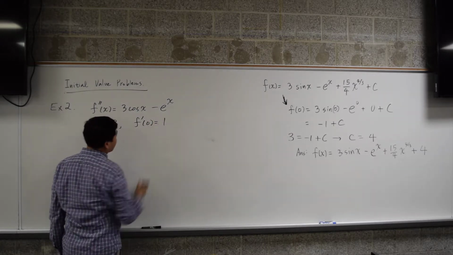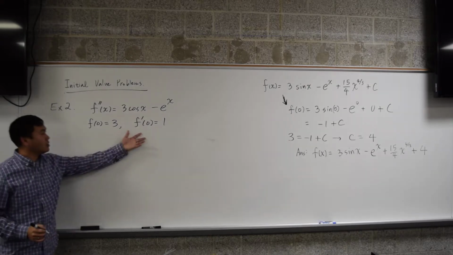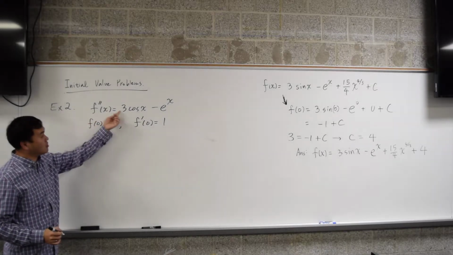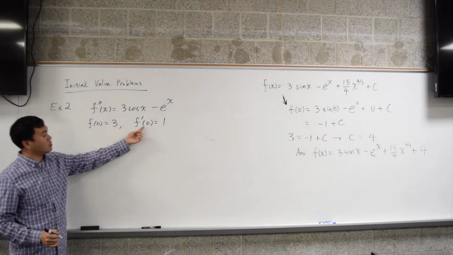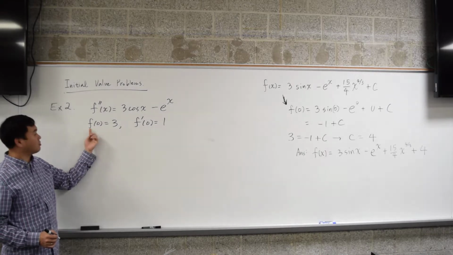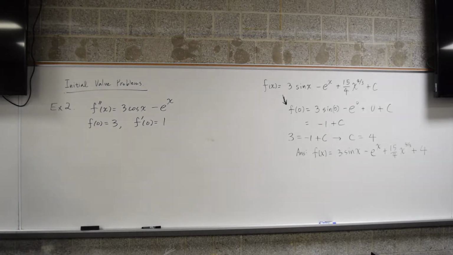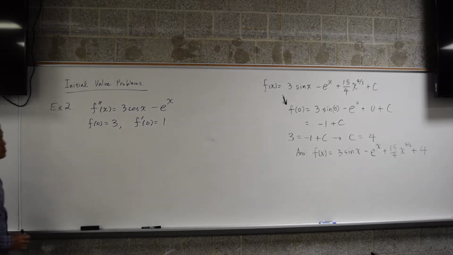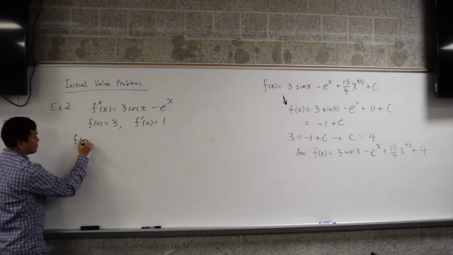So let's just say f prime of 0 is 1. So let's say you're given these conditions. I need a function whose second derivative is this, and whose first derivative evaluated at 0 is 1, and the function evaluated at 0 is 3. Okay. Can you think about such a function that satisfies all these conditions? That's the question.